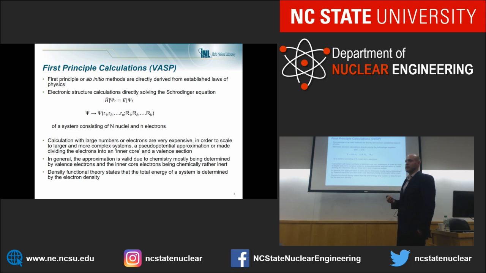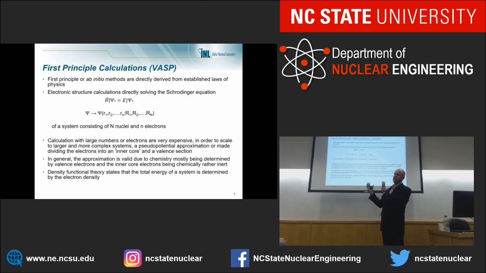However, in systems such as uranium, where we have 92 electrons, that becomes unfeasible very quickly. So what we do is we apply a pseudopotential approximation to these systems, where essentially the bulk of the electrons are contained into a core, and then you have a valence section, which is the primary electrons that participate in the bonding. The majority of the interactions and the properties of the element itself are determined by the valence electrons, typically in the kinds of systems that we're looking at.